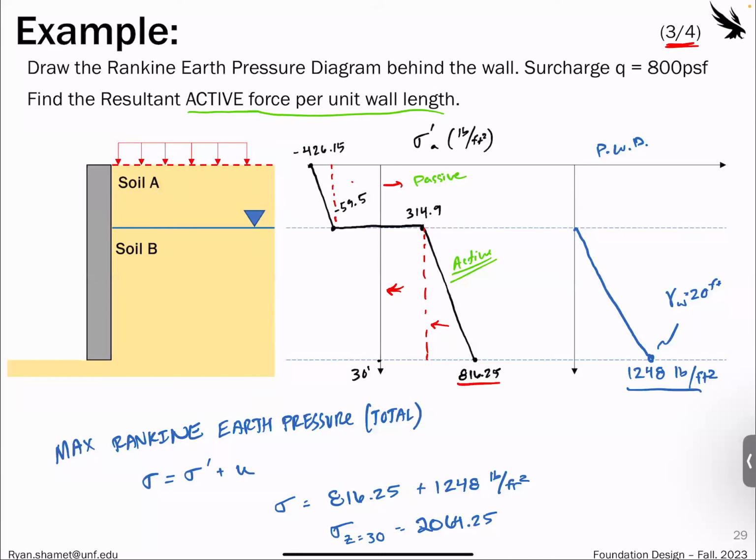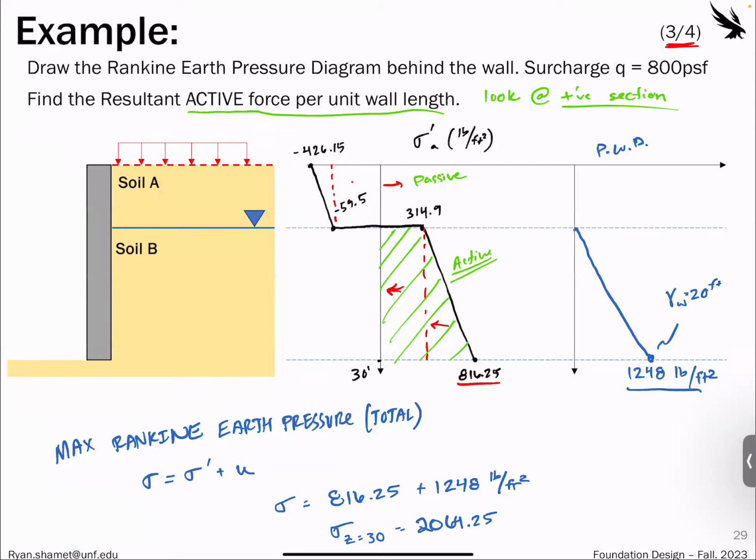So if we need to find the active force per unit wall, we would only look at this bottom portion that is positive, not negative. So we would normally look at the positive section only, that being this whole thing here.